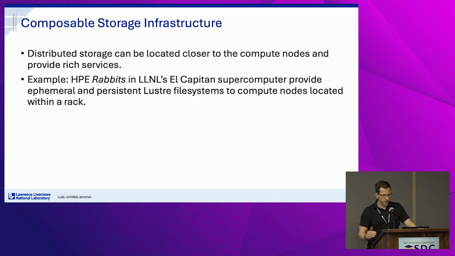These Rabbit nodes, not only do they contain commodity processors and then a ton of NVMe storage, and not only are they able to provide Lustre parallel file system access to the applications, but they can also perform complex compute and data cleaning activities.